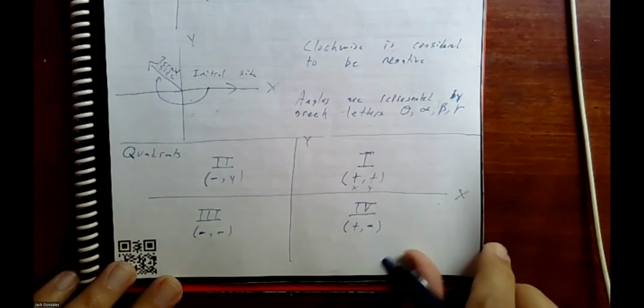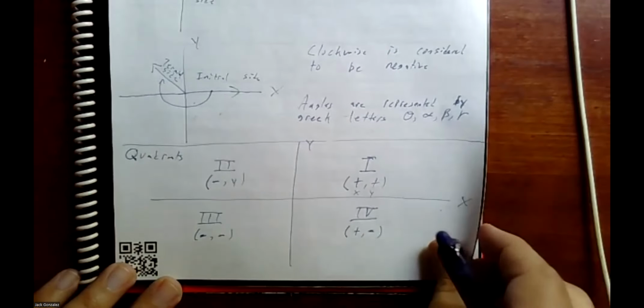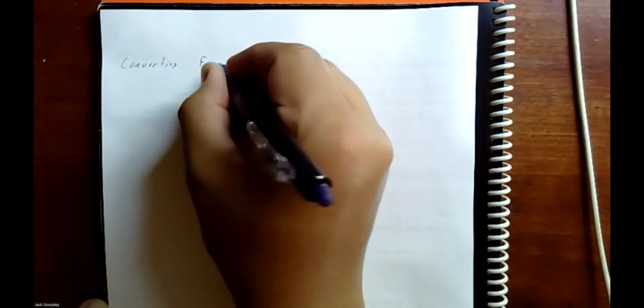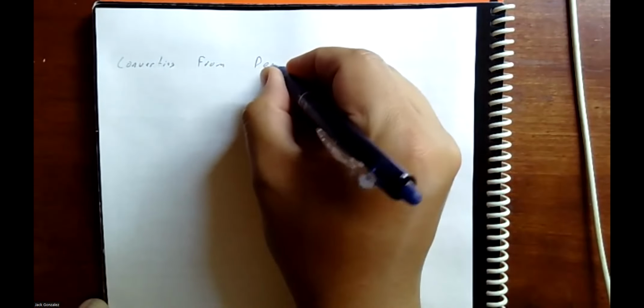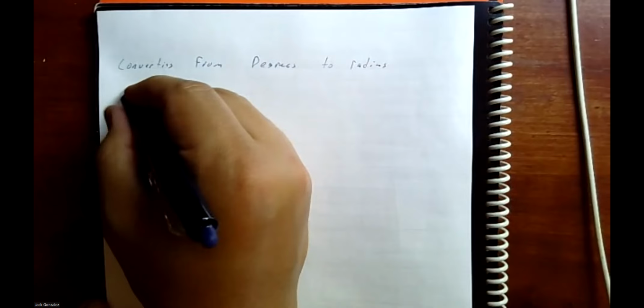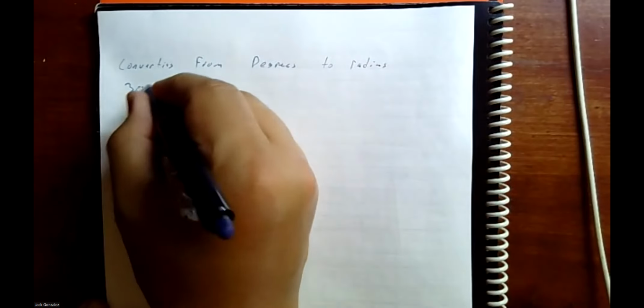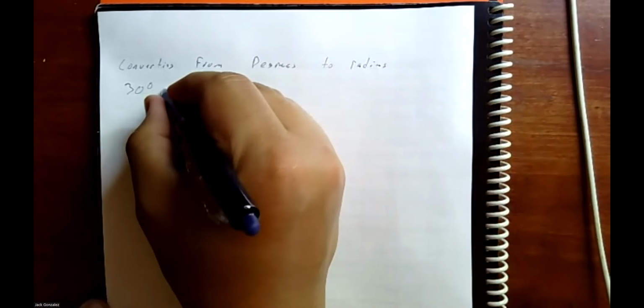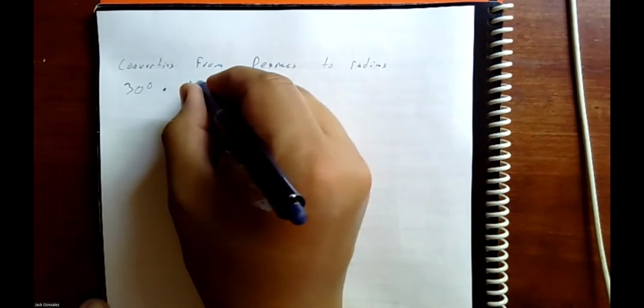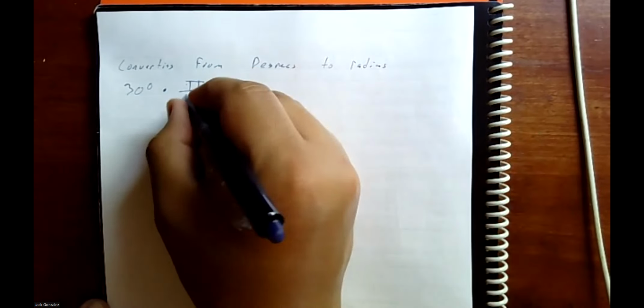Last thing we're going to need is the conversions. Let me write a quick note for you there. Then we can start doing some homework problems, and we'll move on to 5.2. So, converting from degrees to radians. Let's say we make up 30 degrees. You have to multiply by pi over 180 degrees.